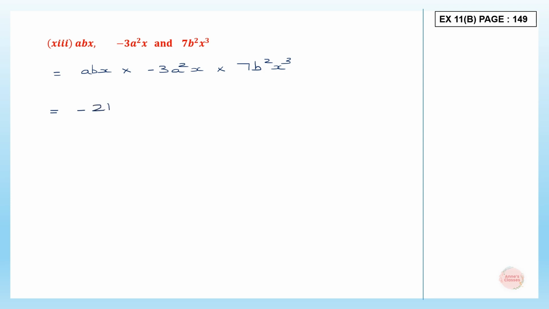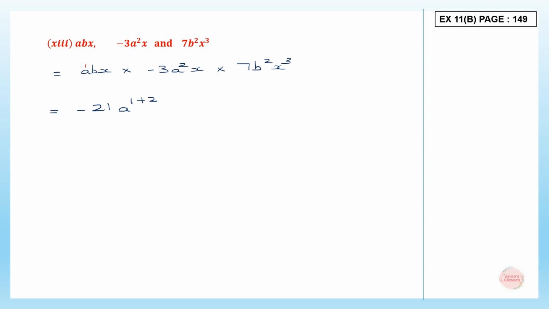Now let's take only the literals one by one each one. So here we have a and that is to the power of 1. Now here we have a to the power of 2 and in the third term we don't have a. So a to the power of 1 plus 2. Okay, I'm going slow with this one. Then let's go on to b.